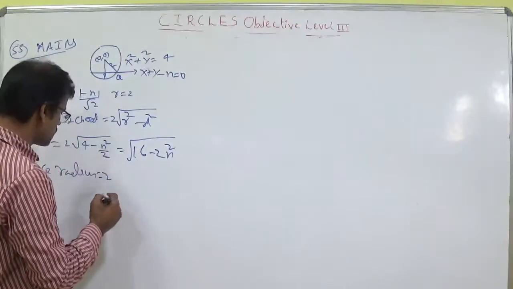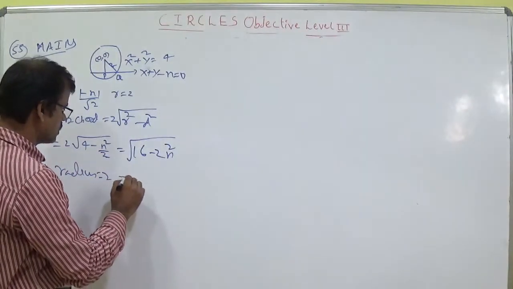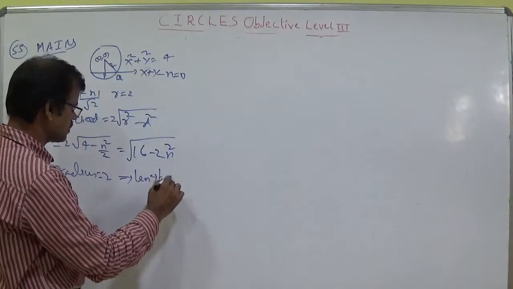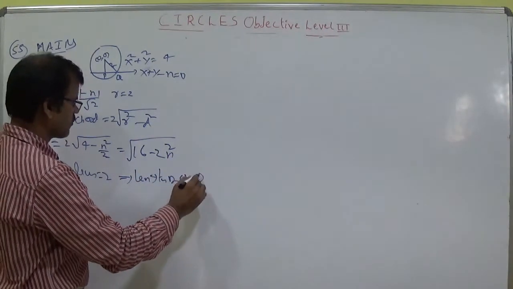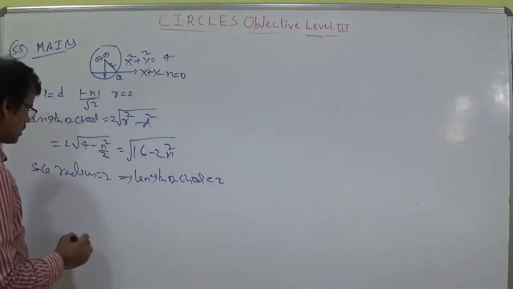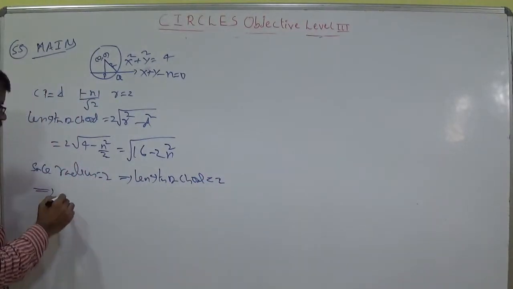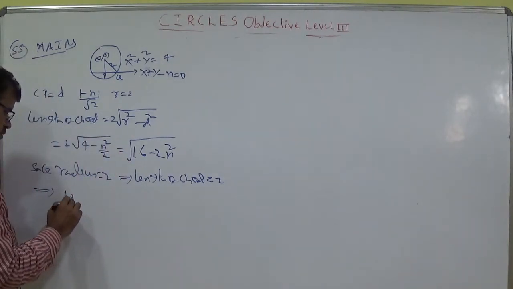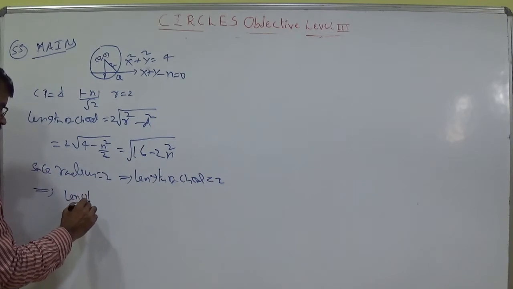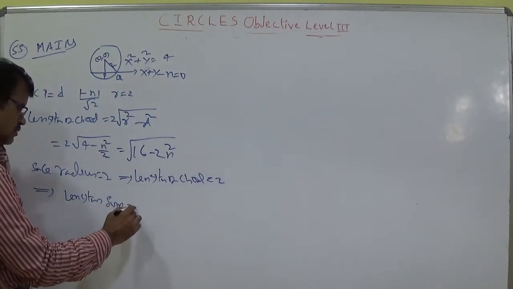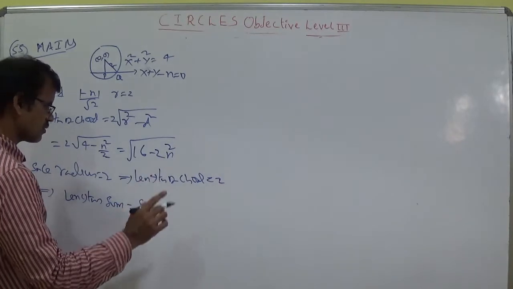Now, since the radius is equal to 2, the length of chord should be less than 2. That implies n should have only 2 points. He is asking for the sum of lengths, so you put sigma.